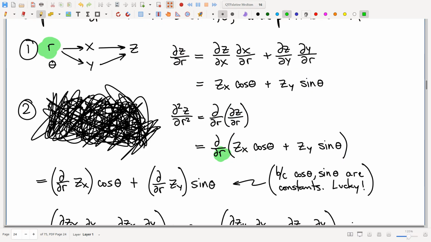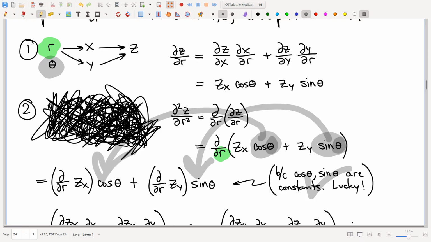Partial with respect to r means that theta is a constant. That's what a partial derivative is. So when I take that r partial, I've got to view theta as a constant. And good news, if theta is a constant, then cosine theta and sine theta are also constants, and so those I can factor out of the expression in the usual way.